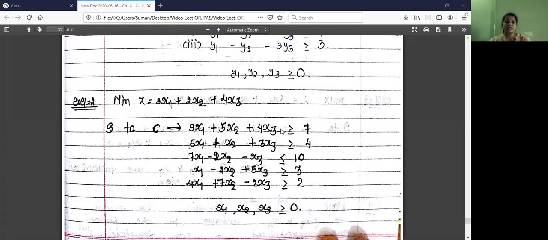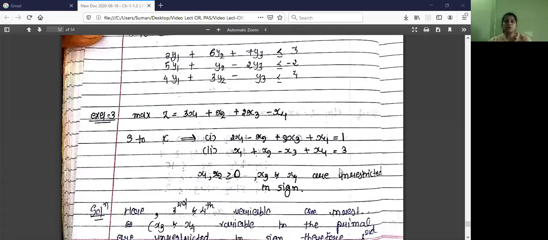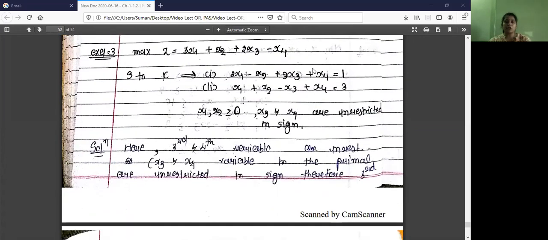And the last equation is 4y1 plus 3y2 plus y3 plus 5y4 minus 2y5, and the sign is less than or equal to type because our objective function is maximize z, and less than or equal to 4. Okay, so we always write y1, y2, y3, y4, y5 greater than or equal to 0.